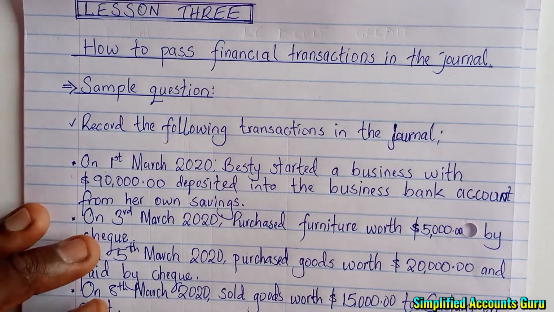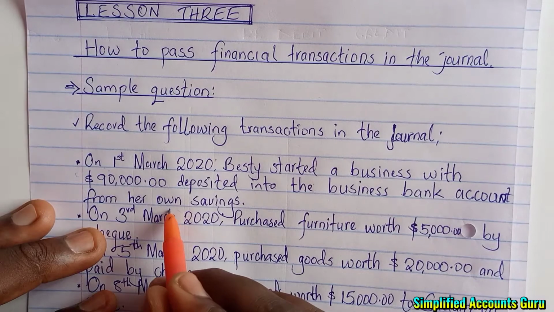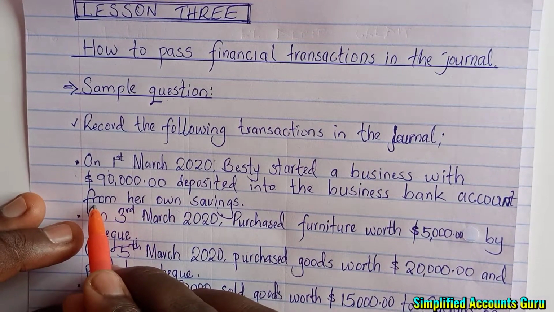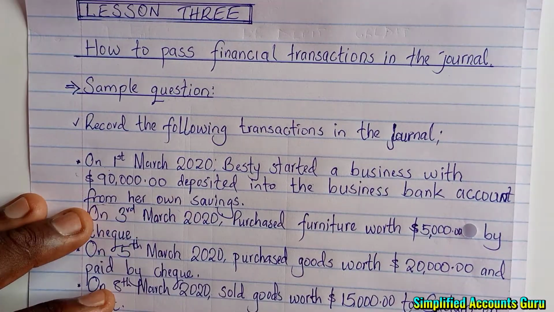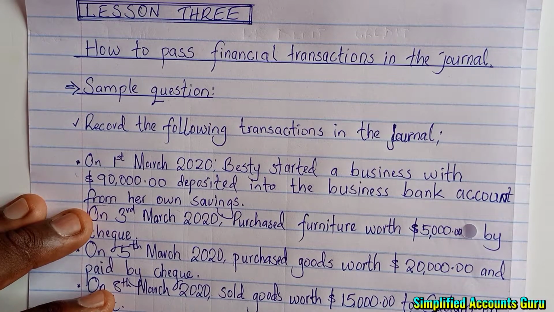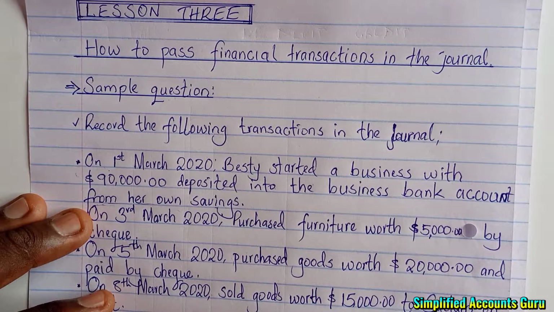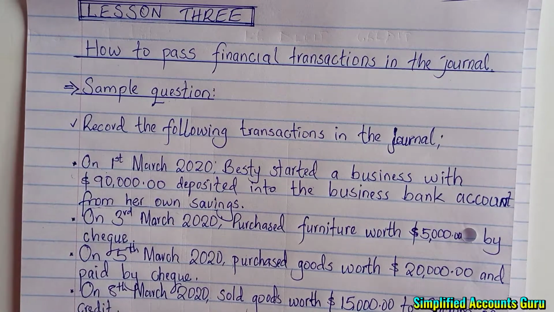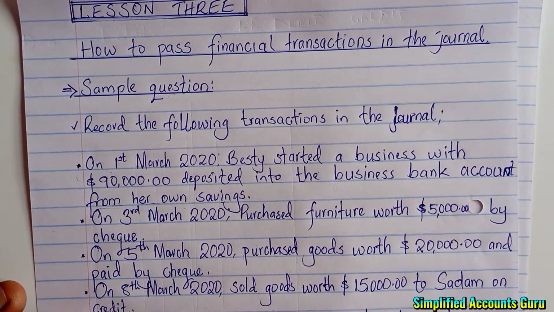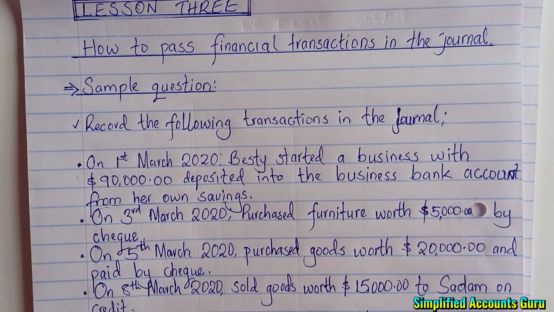The money is coming from her own savings, and the amount is being deposited into the business bank account. So two accounts have been affected: number one, the bank account, and number two, capital.